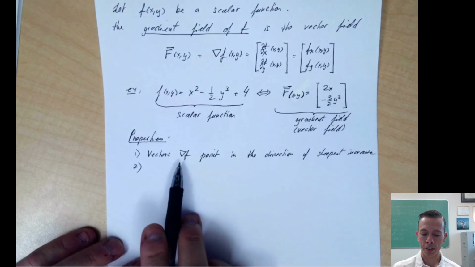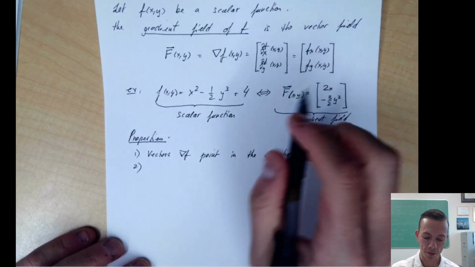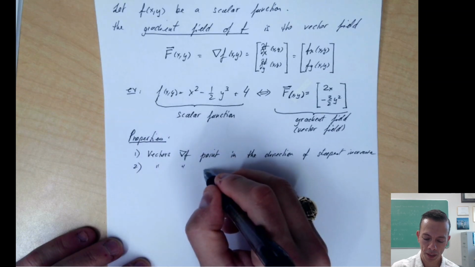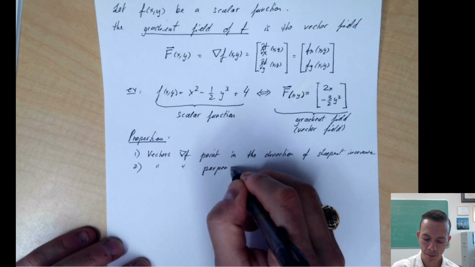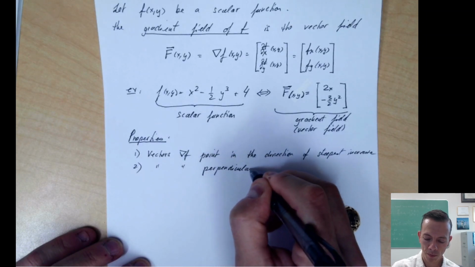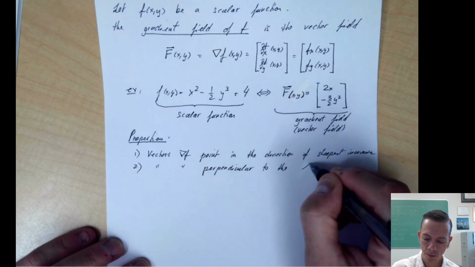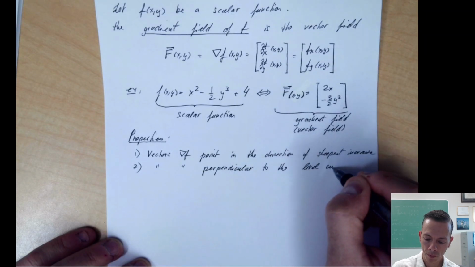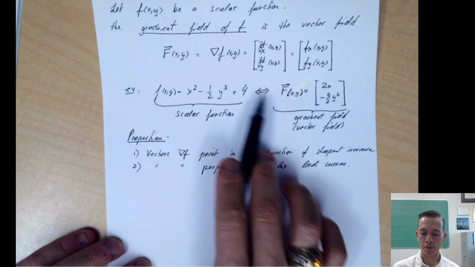So this implies that these vectors are perpendicular to the level curves of f.